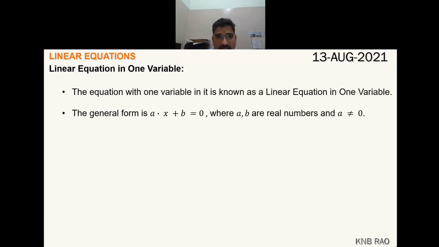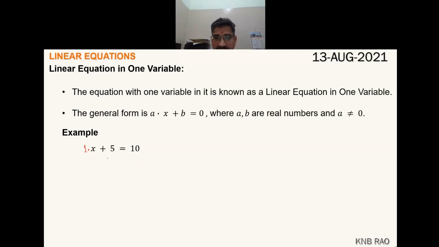Now, moving on to the next examples of linear equations in one variable. X plus 5 equal to 10. This is one more example. What is the coefficient of x here in this equation? There is nothing, means 1. Very good.